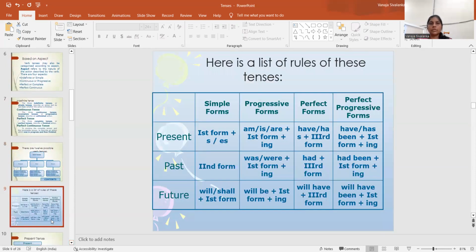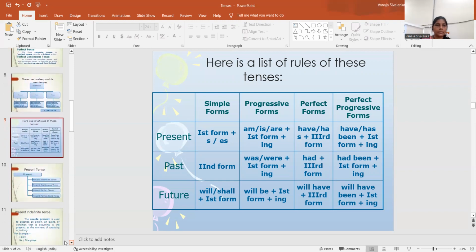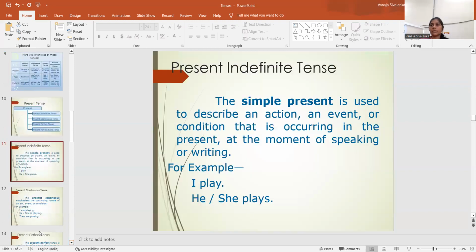The structure for simple present is subject plus V1 plus object. For example, simple present is used to express regular habitual actions. For example, she goes to school every day.